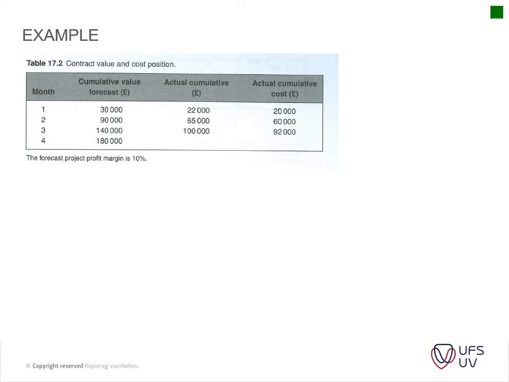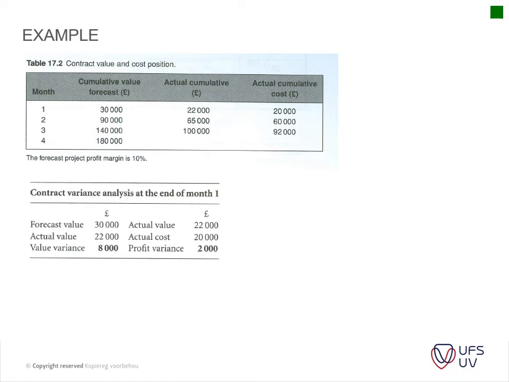I'm just going to page to that example. It gives you a scenario of a contract value. You have your cumulative value forecast, the cumulative value that you forecast for the project, and then you have your actual value.